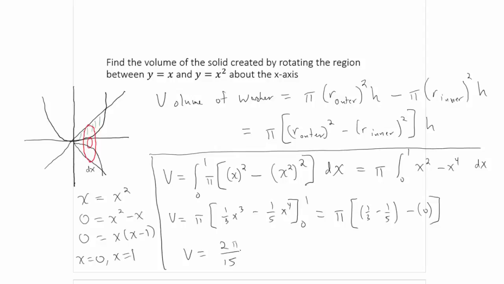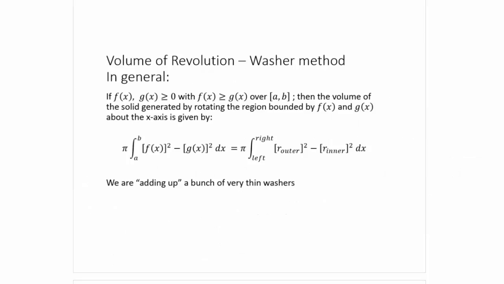All right, so if we have a situation where we have not a disk but rather a washer, we can just adjust the formula a little bit, and we have to think of an outer radius and an inner radius. All right, so here is that formula in general.